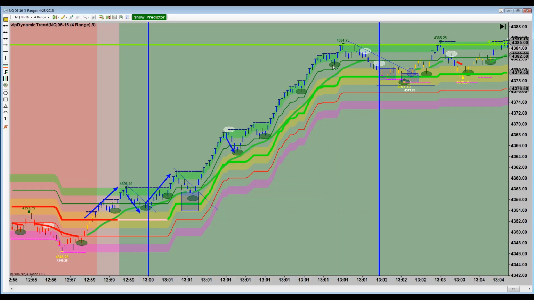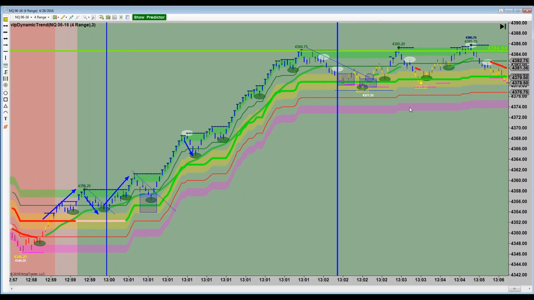You could have thrown a market order in there and who knows where you would have been filled. Even over here, you were still moving pretty quick. 1302 is from here all the way to here. That's 1 minute. So this is a very fast moving market. I'm just using this to show you more or less what the price pattern looks like for good and bad region boxes. We'll look at other examples too.